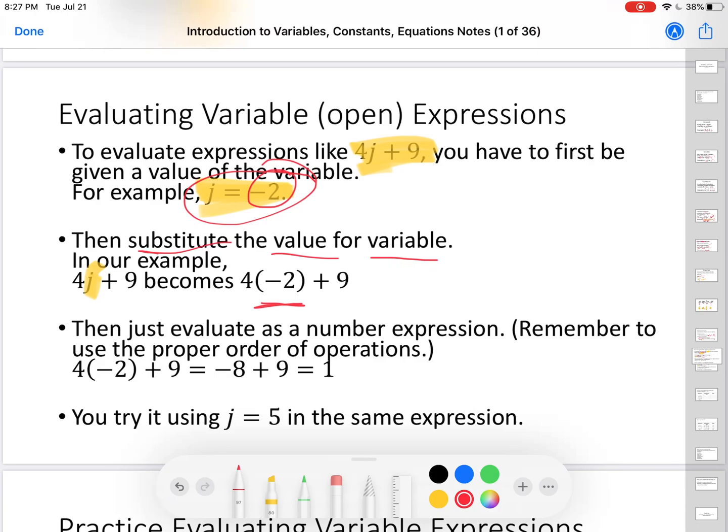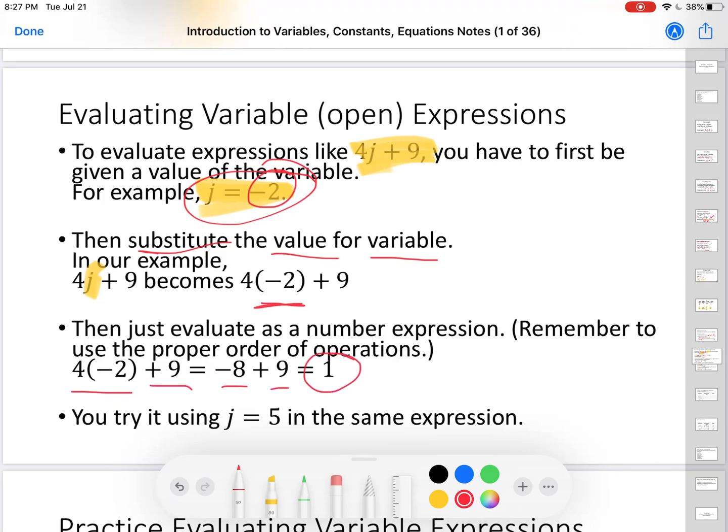Now, the parentheses there don't mean anything. It's just to separate it. We know it's 4 times j, so we have to write it in a way that says 4 times -2. Then we just evaluate it as a number, a constant expression. So remember using order of operations. 4 times -2 is -8. -8 plus 9 is 1.